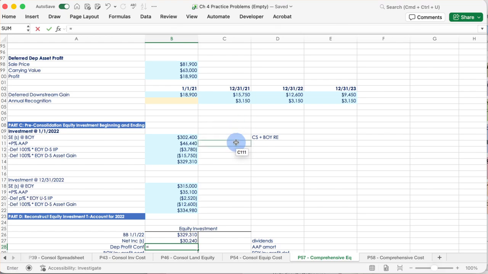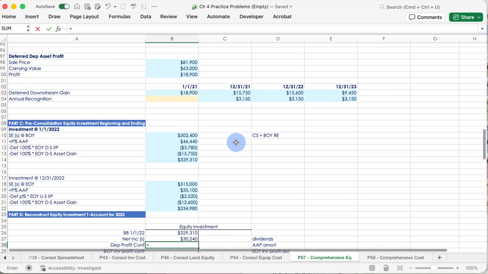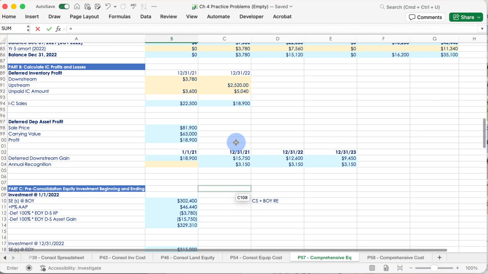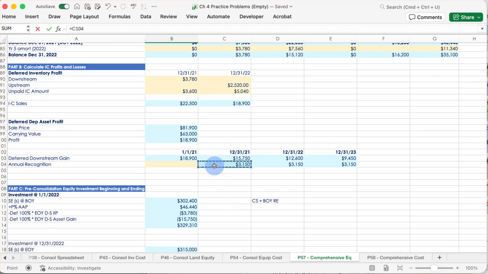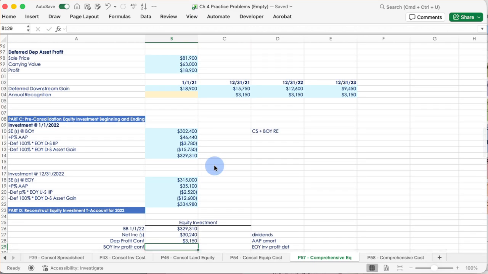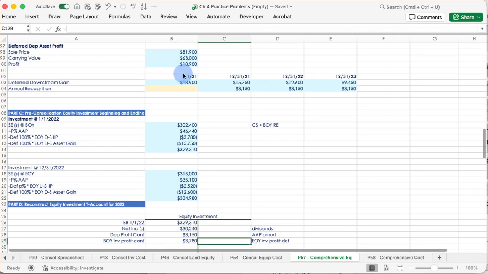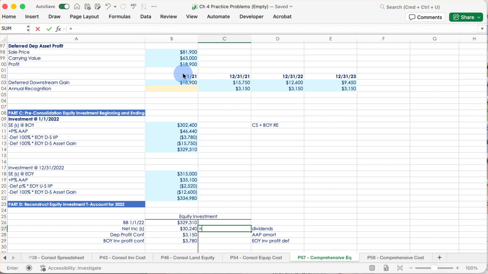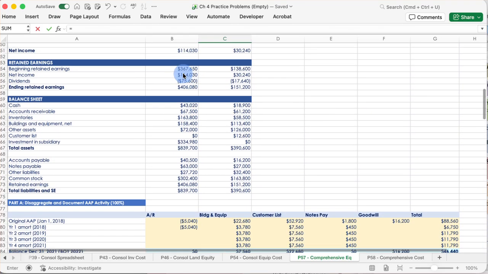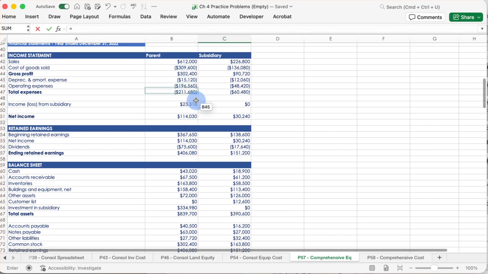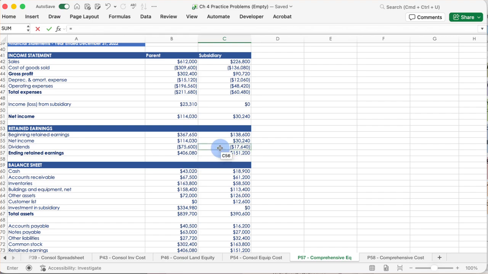Then the deferred profit that's been confirmed right here, 3,150. Then our beginning of year inventory profit that's been confirmed, which is the 3,780. Then our dividends. And I'll put a negative sign so that we can convert this to a positive.